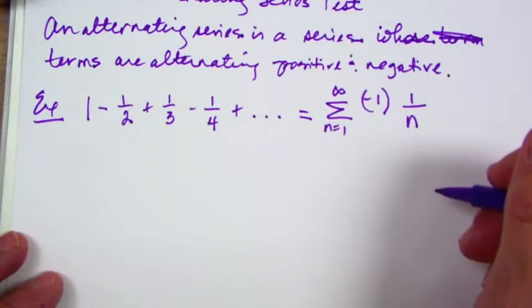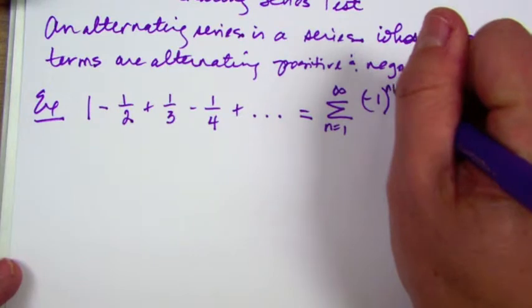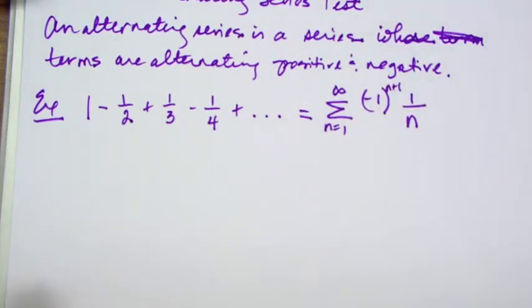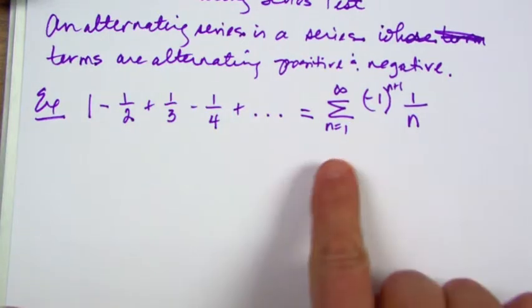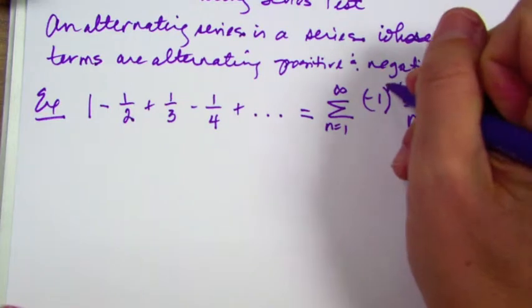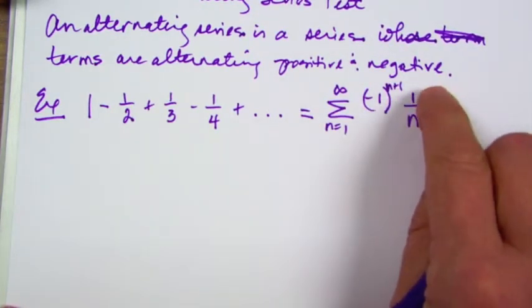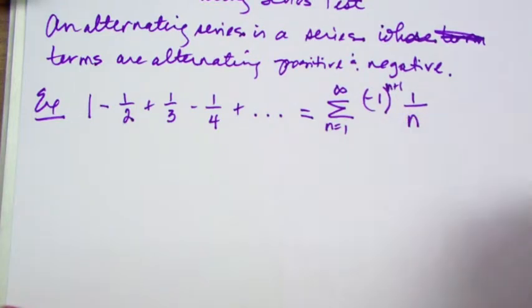But what power does it need to be raised to? N minus 1 or n plus 1, right? But we're going to make it be to the n plus 1 since we're going up, since we're increasing our terms. So it's the series from n equals 1 to infinity of negative 1 raised to the n plus 1 power, times 1 over n.